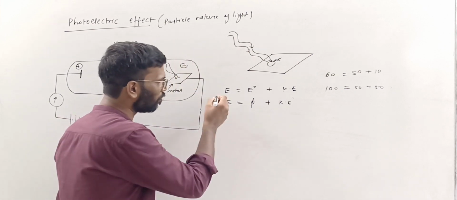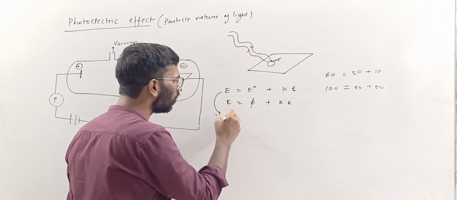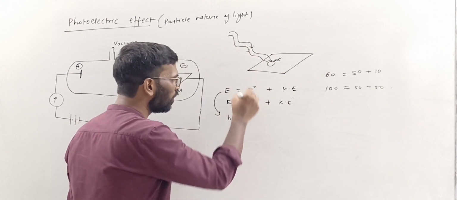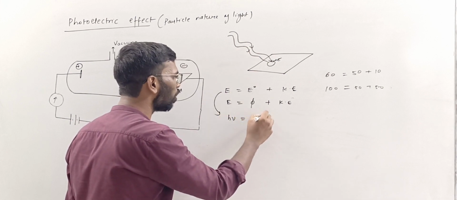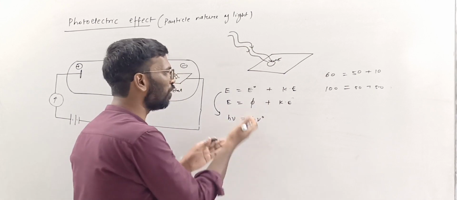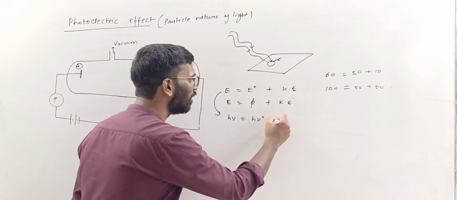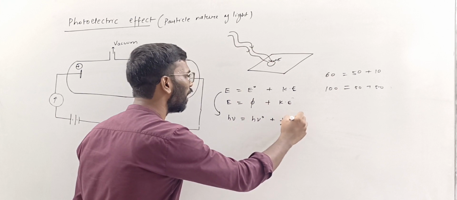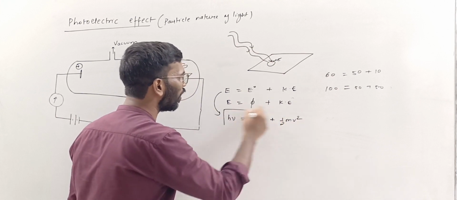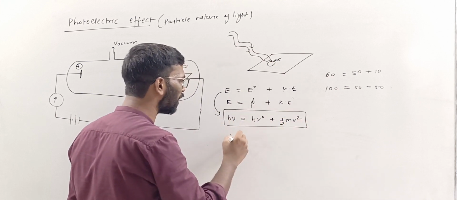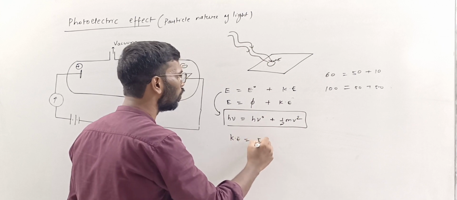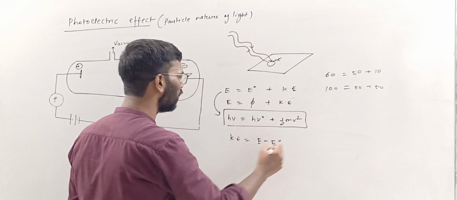Sticking to this, what is E equal to? We know that it is h nu. What is E naught? It will be h nu naught, like a certain minimum frequency will give you a minimum amount of energy, and this kinetic energy is half m v square. We can also say that kinetic energy is equal to E minus E naught.